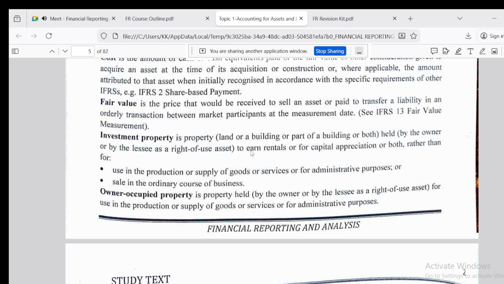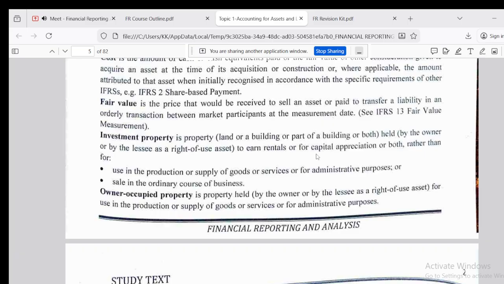So for investment property, it is land or building or part of building or both held by the owner or lessee as a right of use to earn rentals or for capital appreciation, or both.